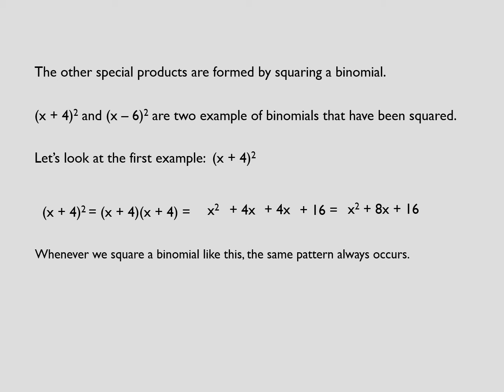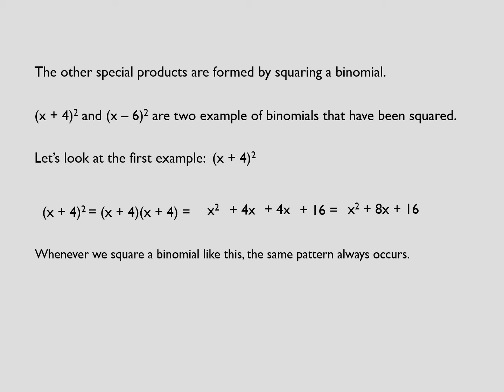And if we do the FOIL method, we will get x squared plus 4x plus 4x plus 16. First term times first term, outer term times outer term, inner term times inner term, and last term times the other last term.